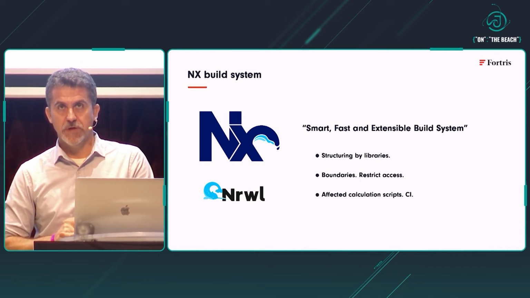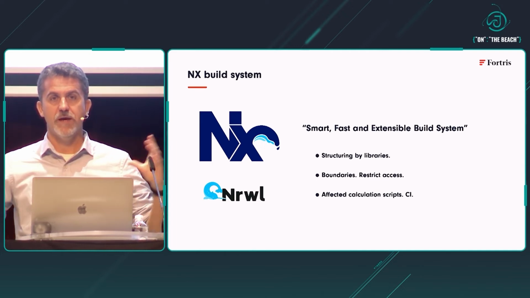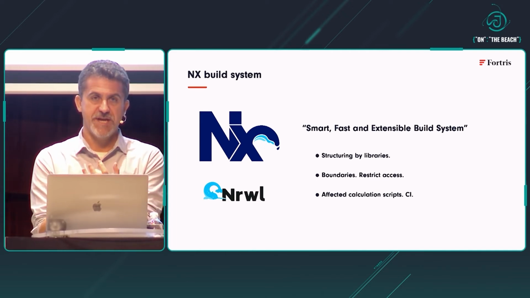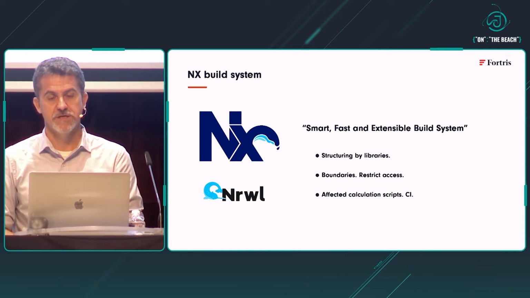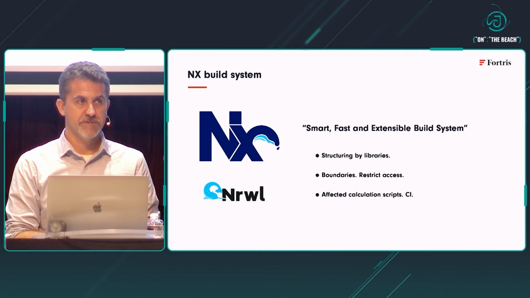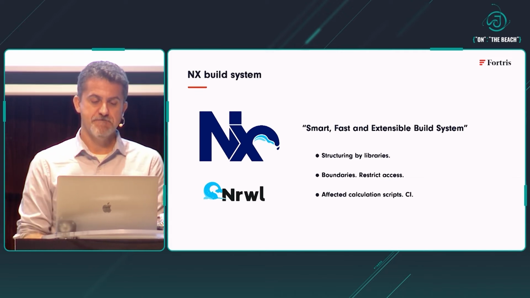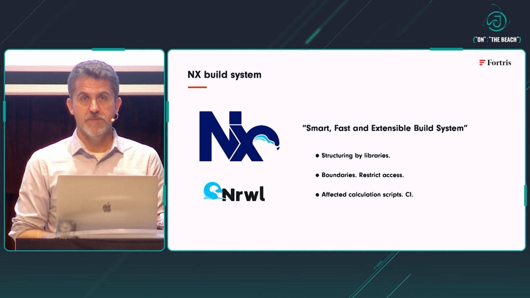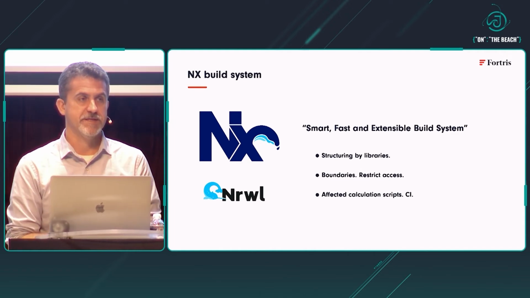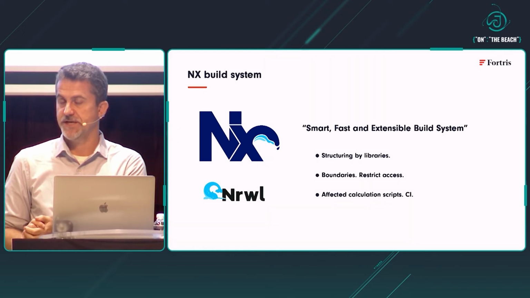And also another problem that we have: we have a monorepo, we have all the applications and APIs. What happens if I do a change and push that change in the CI? It's going to have to build, run all our testing suites, create the artifacts and deploy everything, when I just changed one application. So no, NX provides some scripts to calculate what has been affected by these changes.